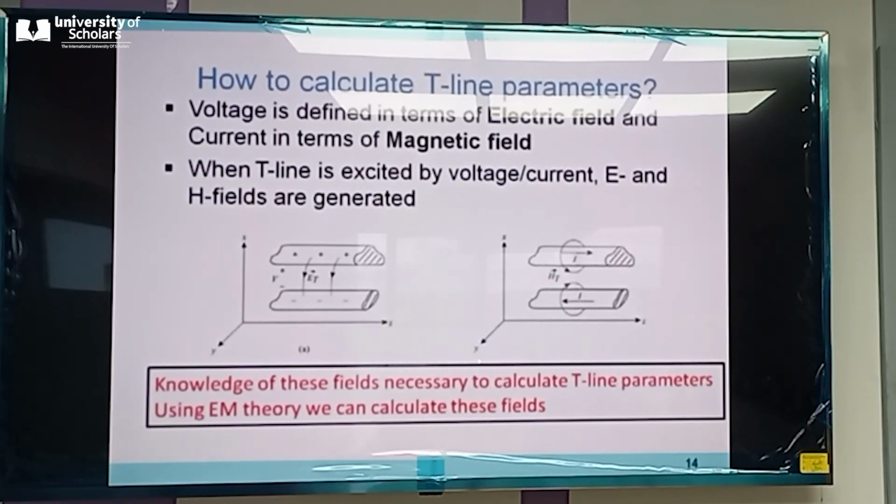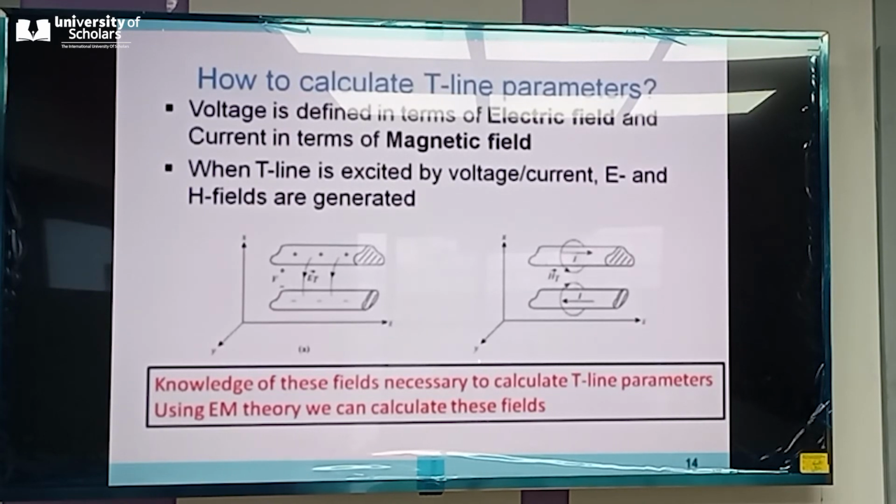It comes basically from Ohm's law. However, we have seen that voltage and current are not just numbers. They are dependent on where you are measuring them, right?